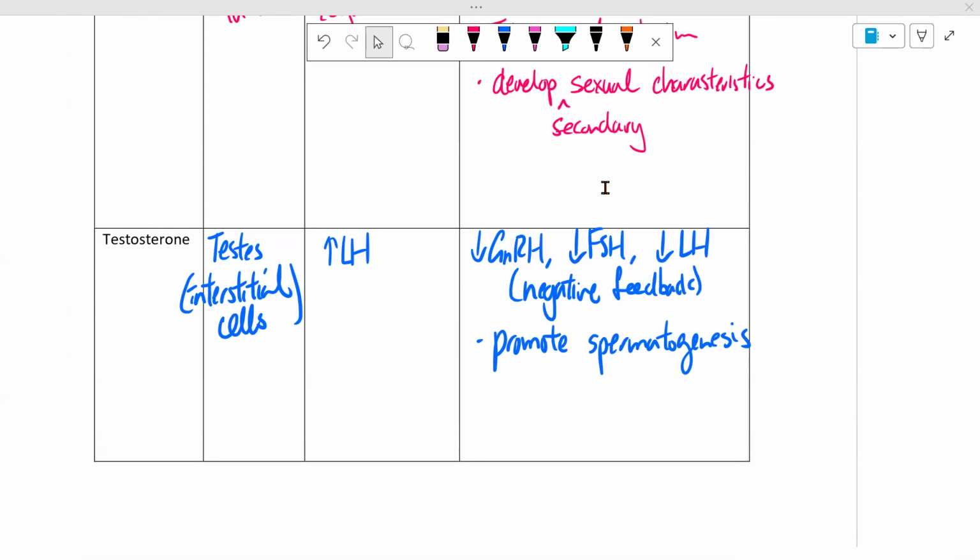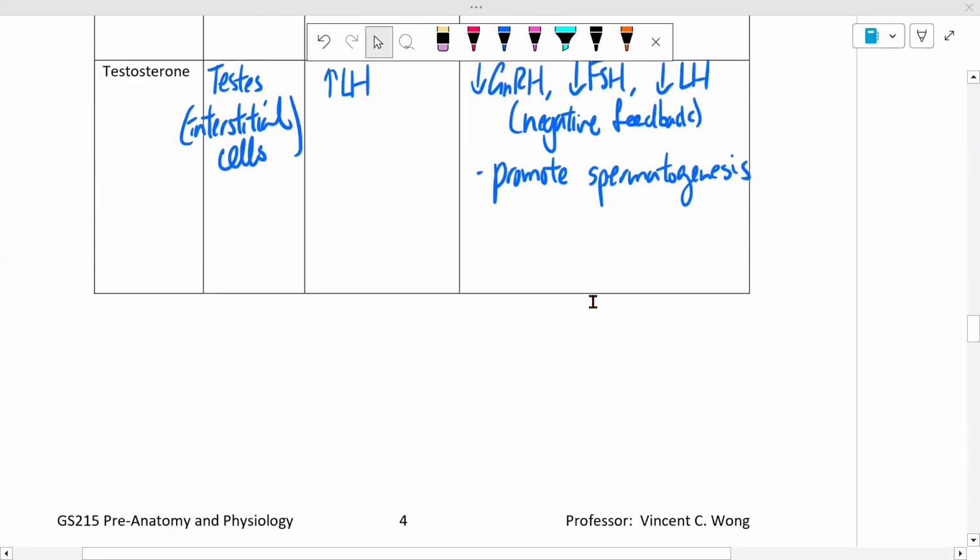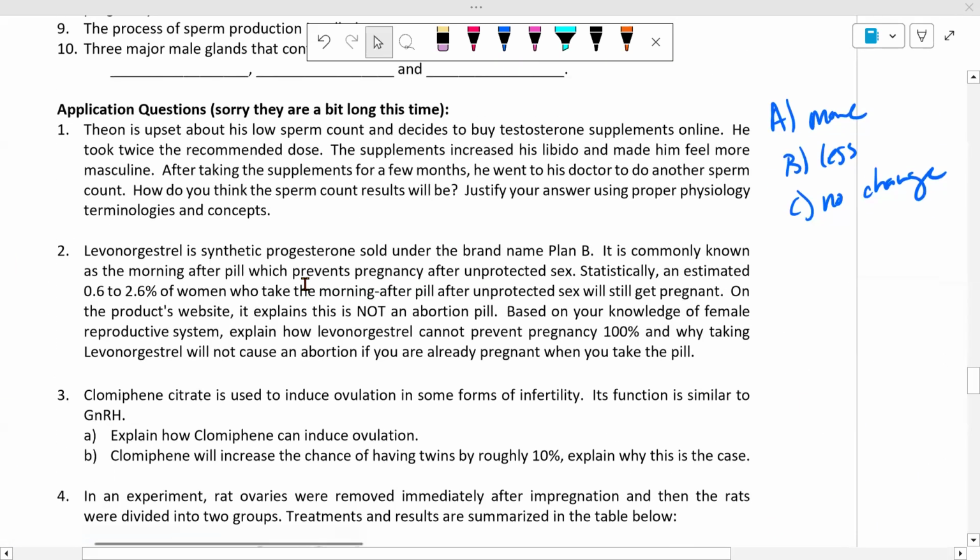So if you consistently increase the testosterone level, your body would naturally lower all these things, and that could result in a drop in sperm count, right? Because of the negative feedback. Okay, so that is the reason, primarily the negative feedback.